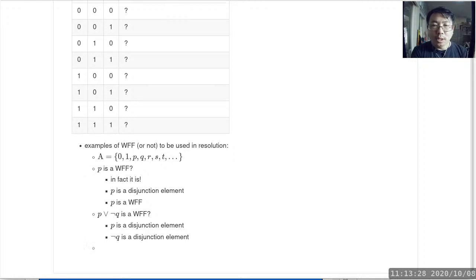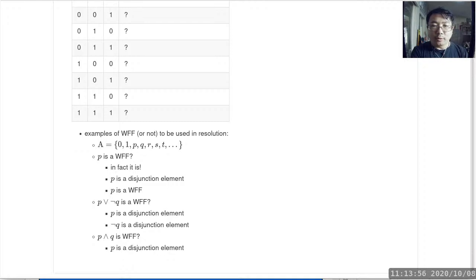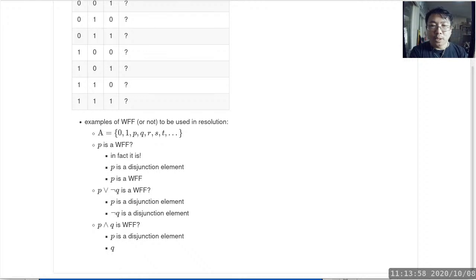That's very good. So let's look at something else. Let's look at P and Q. Is it a well-formed formula? Well, we can say that P is a disjunction element. Not a problem. In fact, I'm going to go back and use the math form of that. Now we look at Q. Q is a disjunction element, not a problem.